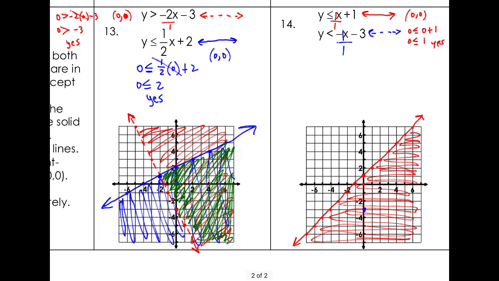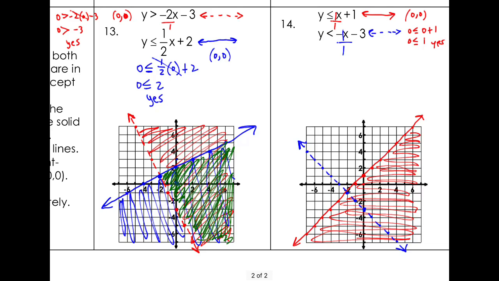So we'll go up 1 over 1, up 1 over 1. Remember, if it's the same slope, you almost certainly have no solution because the lines would be parallel.